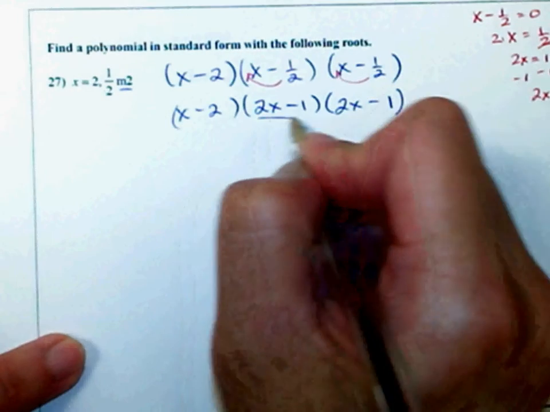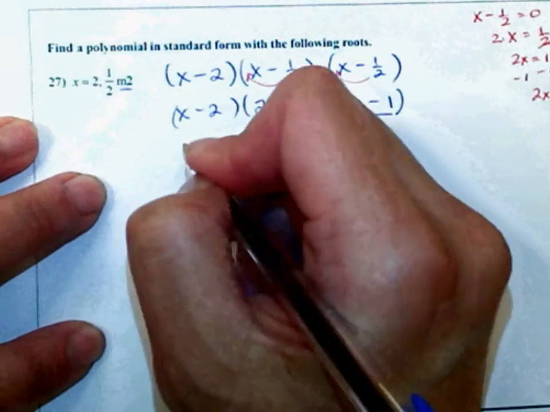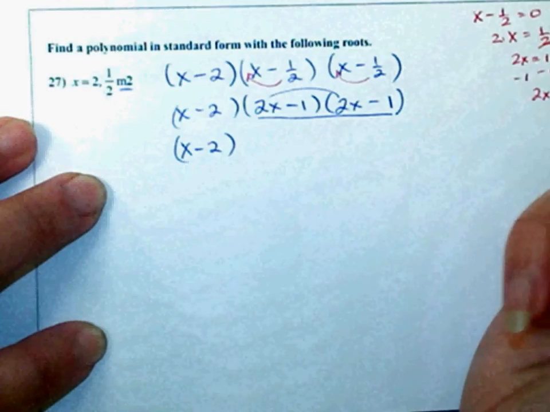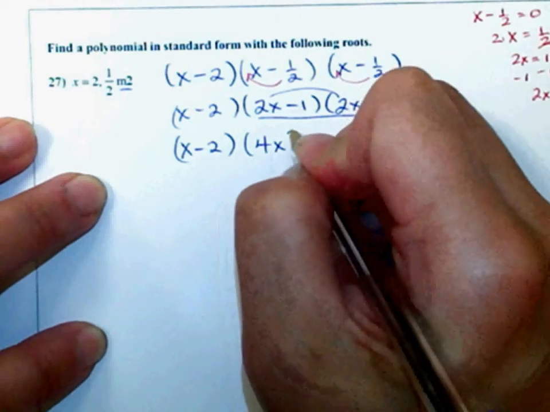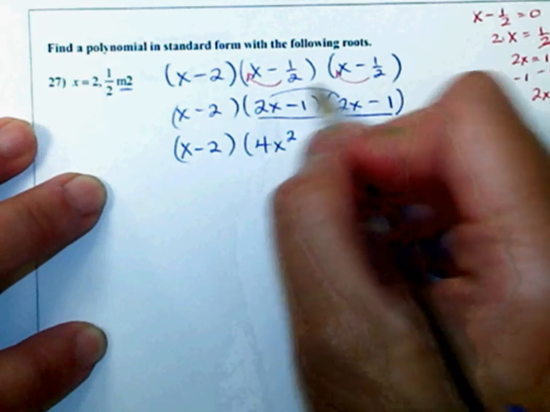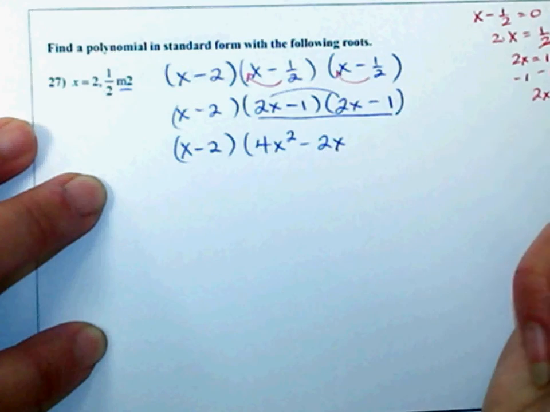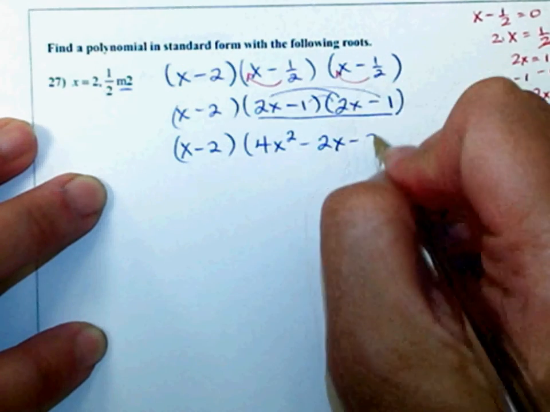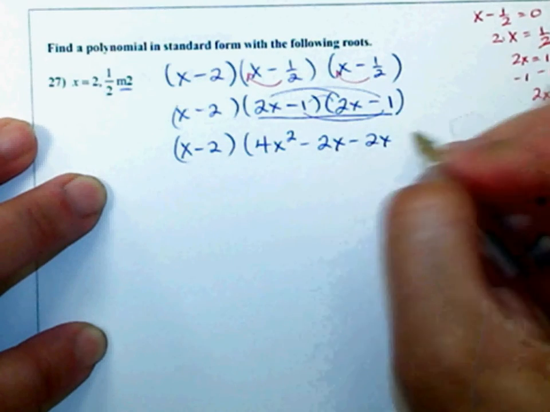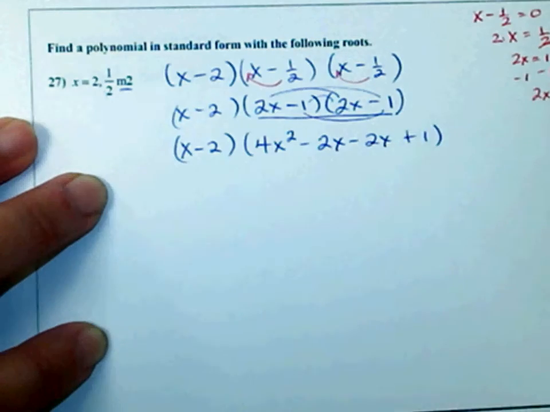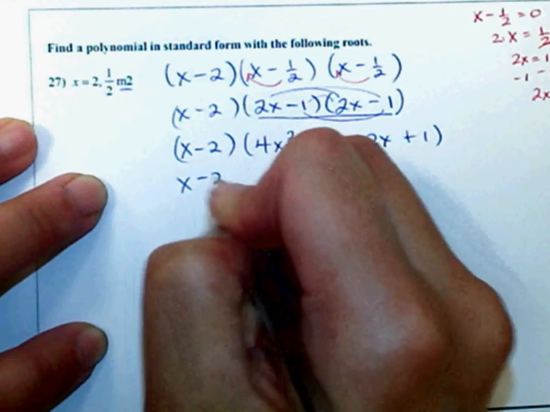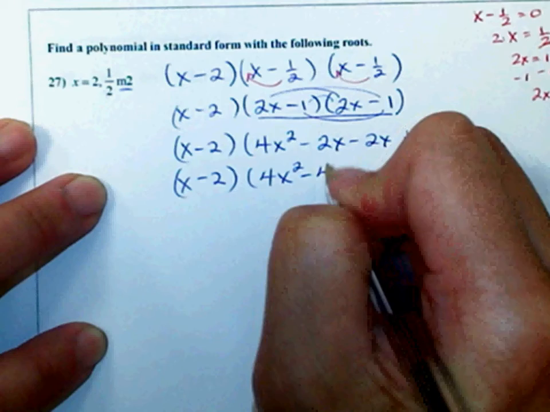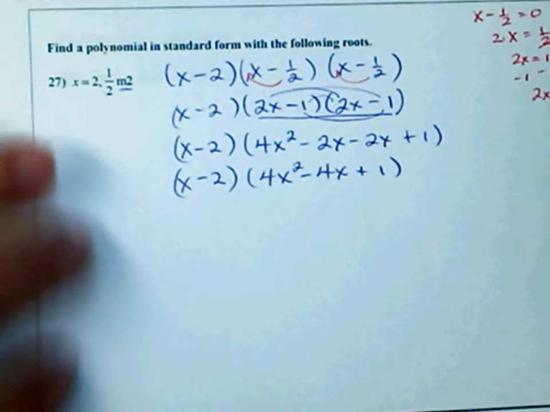So 2x times 2x is 4x squared. 2x times -1 is -2x. -1 times 2x is -2x. And -1 times -1 is +1. Combine your like terms. Bring down your x minus 2. So 4x squared minus 4x plus 1. Okay? You got a binomial and a trinomial.